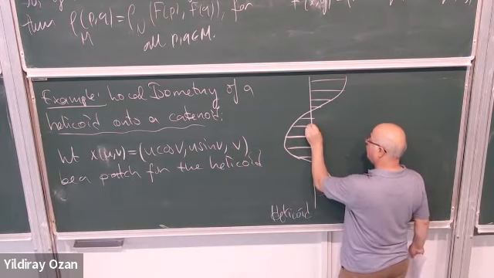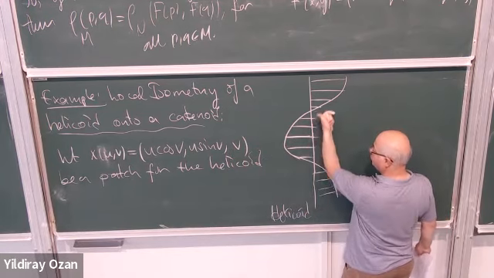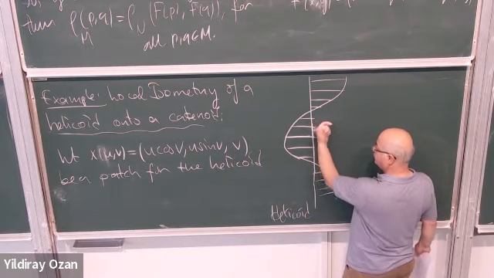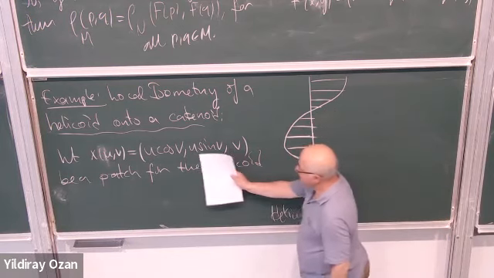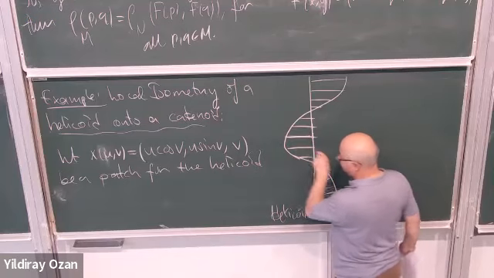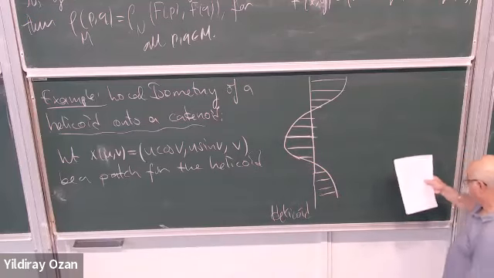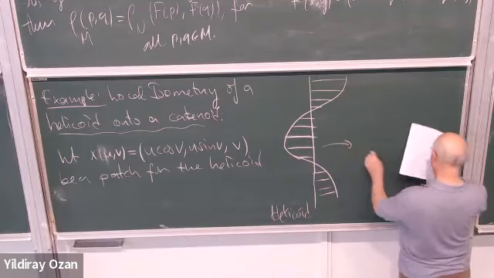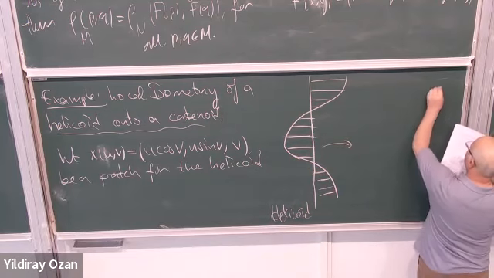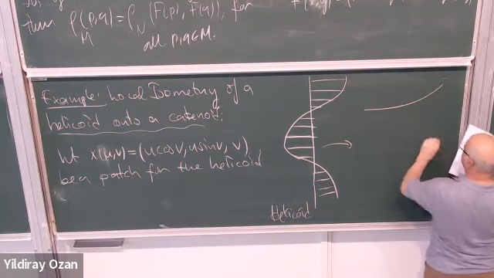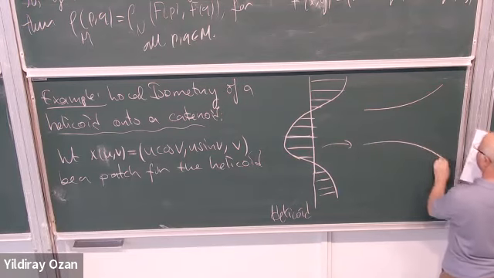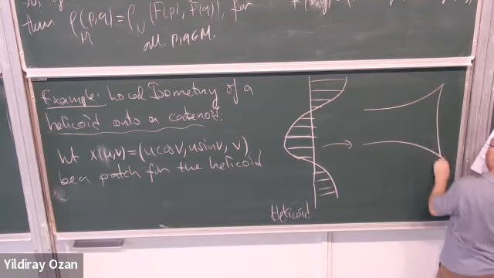So as you move up, the point moves upward and it turns, and this coordinate just goes in the radial direction. And catenoid is the following surface. So something like this.